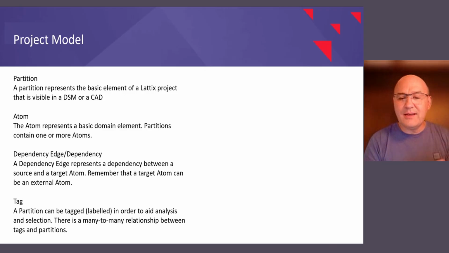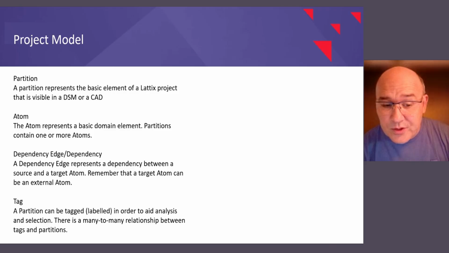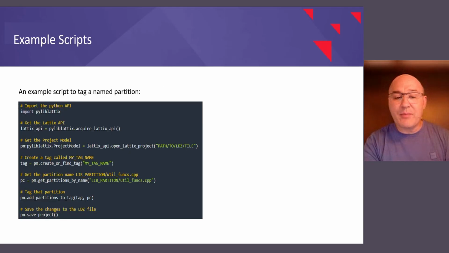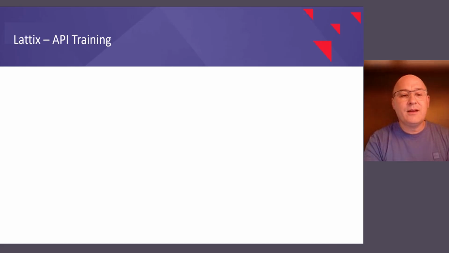Dependency edge and dependency represent a dependency between a source and a target atom, which could be external. And as we've just seen, partitions can be tagged to aid analysis and selection, in a many-to-many relationship between tags and partitions. Here's that script that we've just seen, my tag name. This is also provided in the documentation.